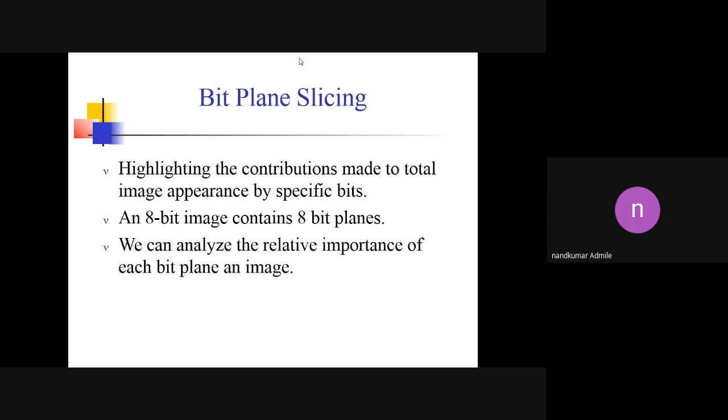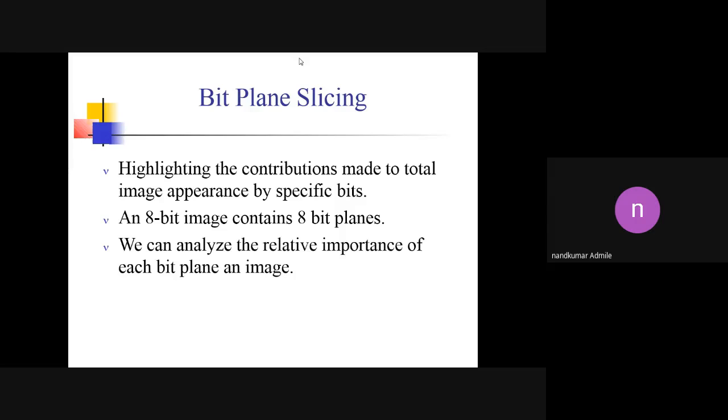A grayscale image can be stored in an 8-bit unit. Similarly, a color image has a size of 24 bits. Always remember it.